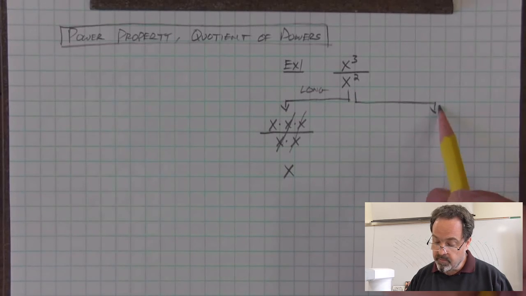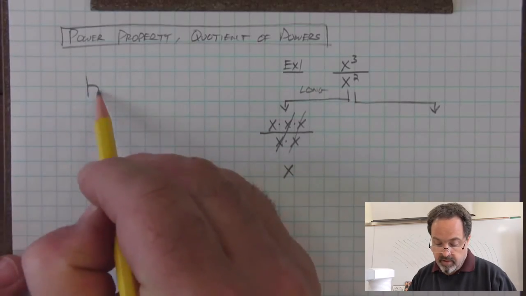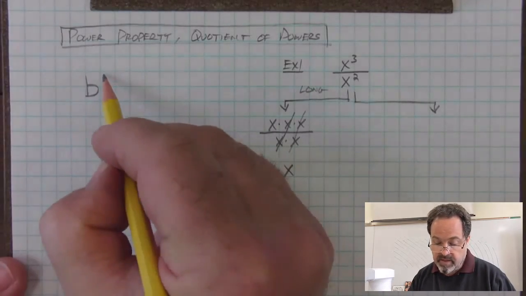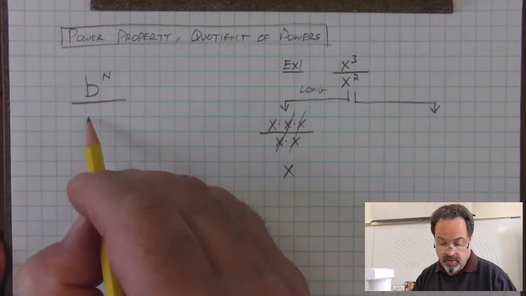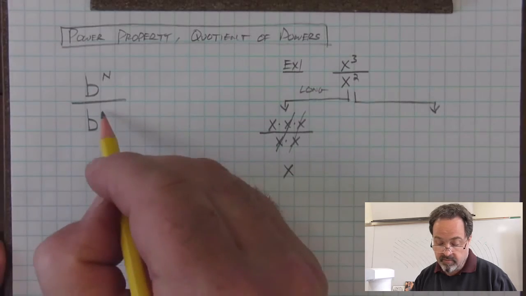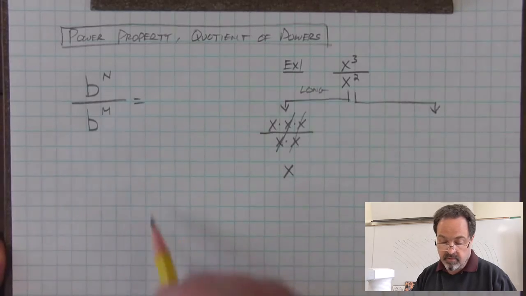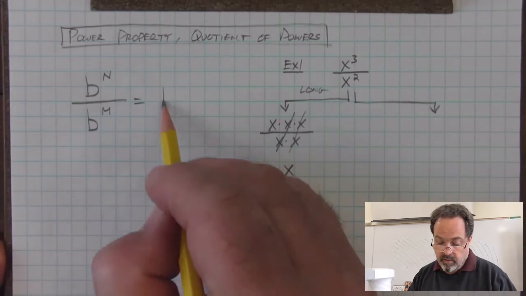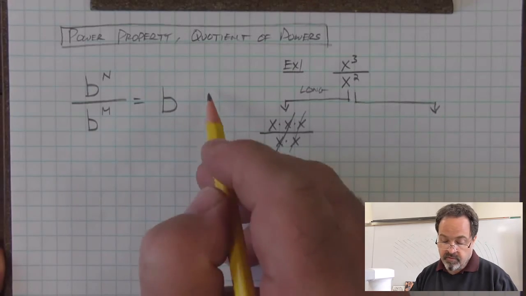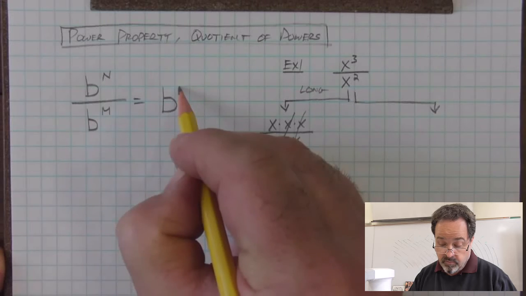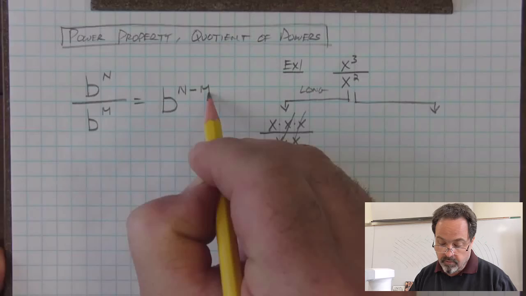There's a quicker way to do it using a property. Whenever we have a power of any base b raised to any exponent n, and we're dividing by another power with the very same base, but we could have a different exponent, then we can simplify to create a power with the same base b, and the exponent of this new power will be the difference between the exponent in the numerator and the exponent in the denominator.